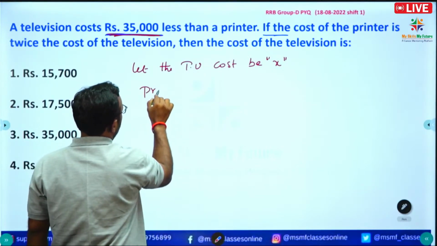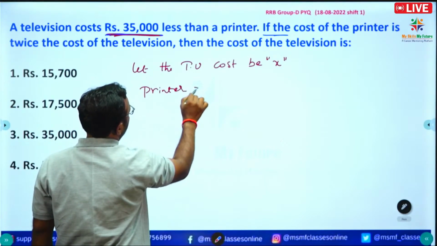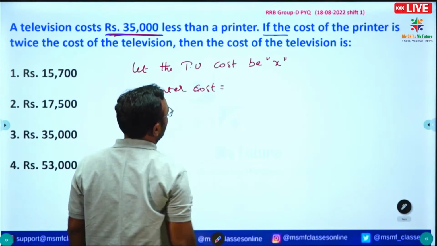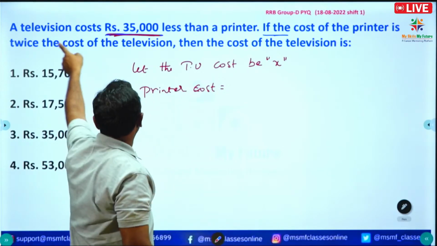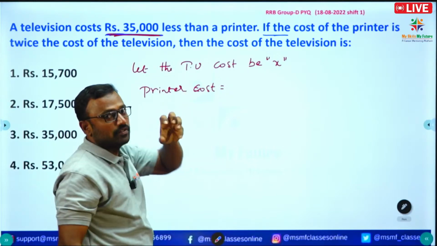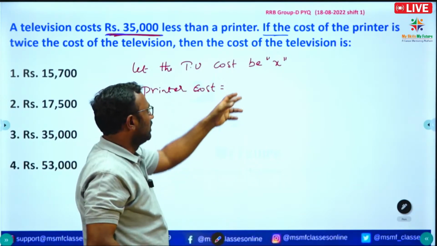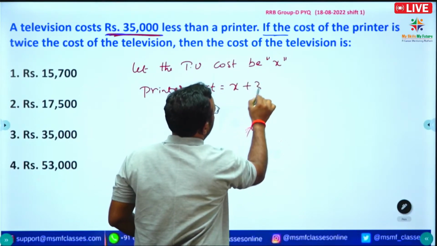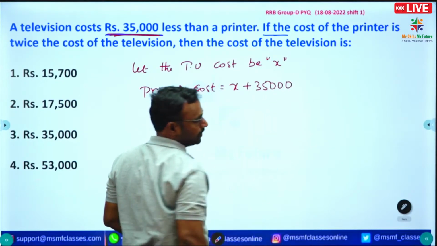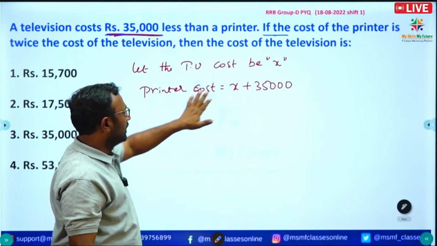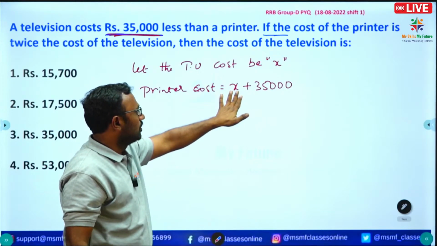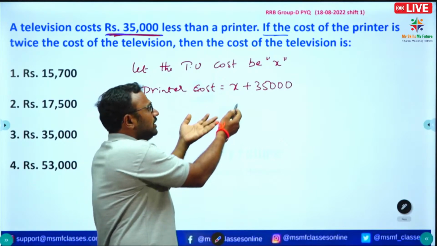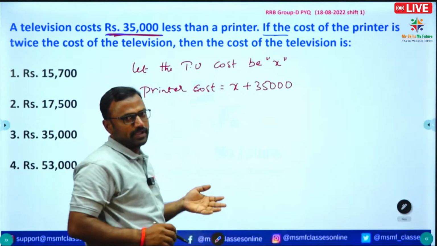So the printer cost is equal to the television cost X plus 35,000. I hope you are getting it. So the printer cost is equal to X plus 35,000, since the television cost is 35,000 less.